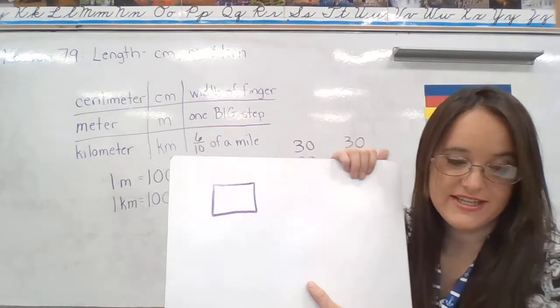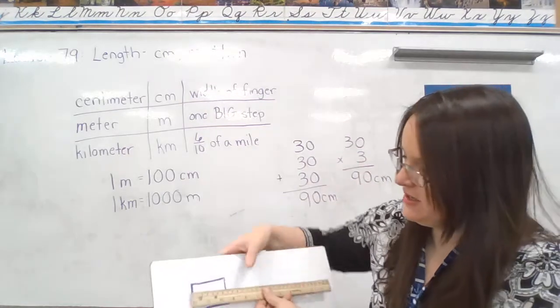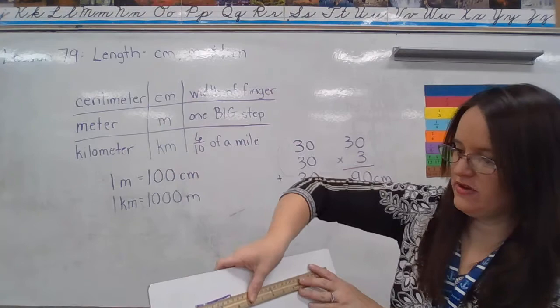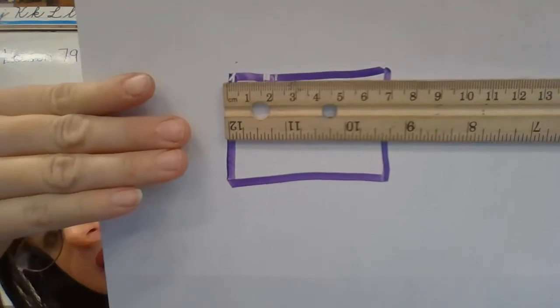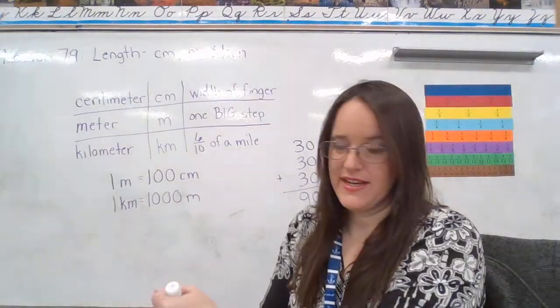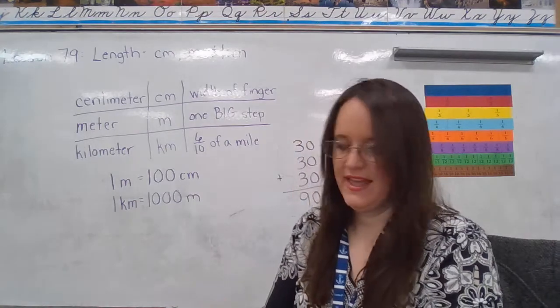The first thing we need to do is measure it. So I'm going to take my ruler and line up, and then I'm going to try to hold it really close to the camera so you can see. Can you see that that is 7 centimeters, my length there? So I'm going to label that so that I don't forget it. 7 centimeters for length.